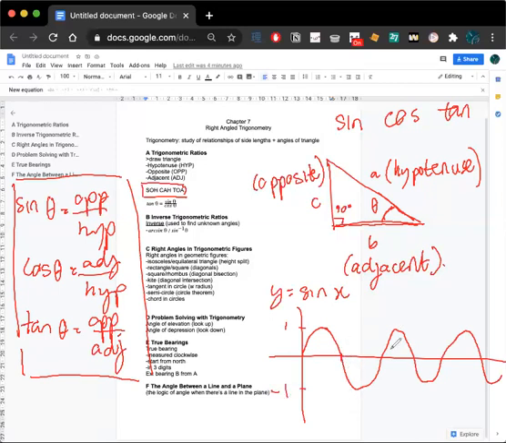This would be pi, 2 pi. Yeah, I think this is correct. Oh wait, sorry. I think this is pi and this is 2 pi. My bad. Actually, you got it right the first time. Wait, really?